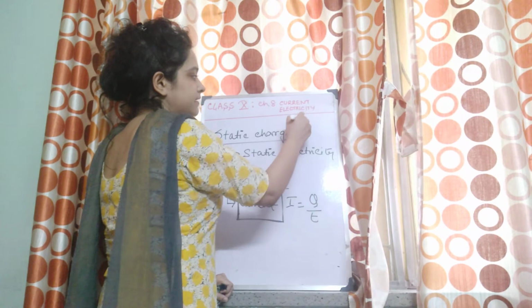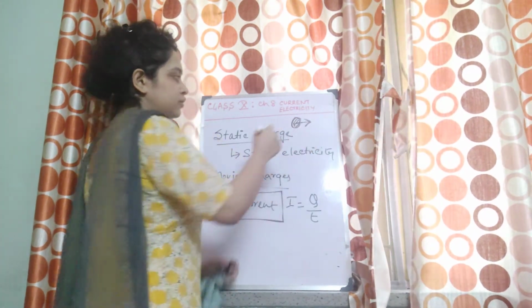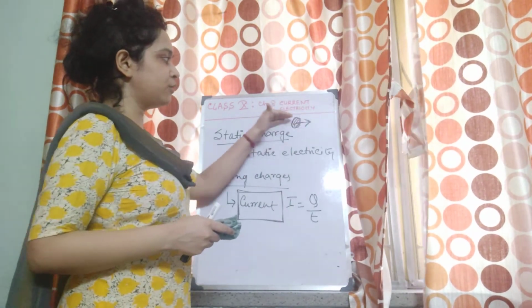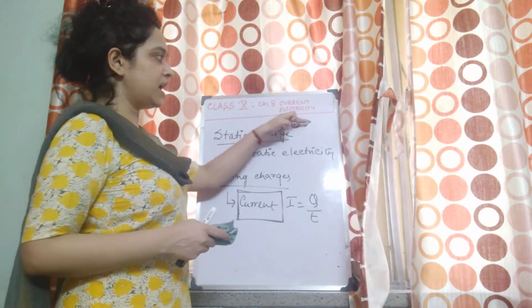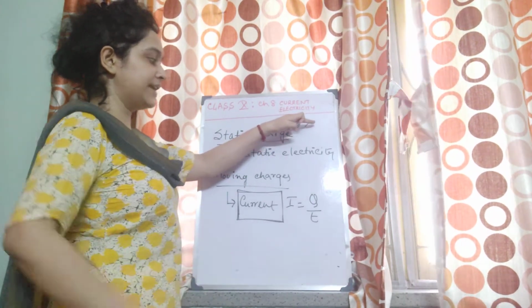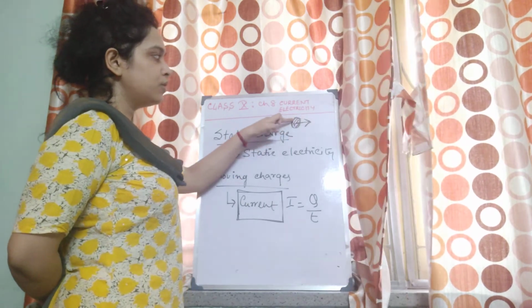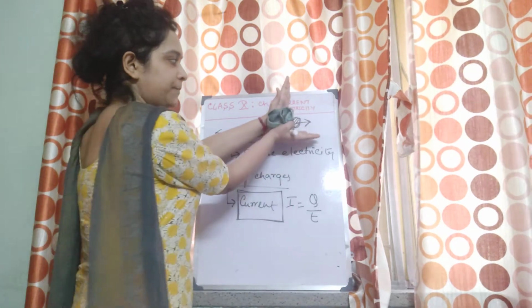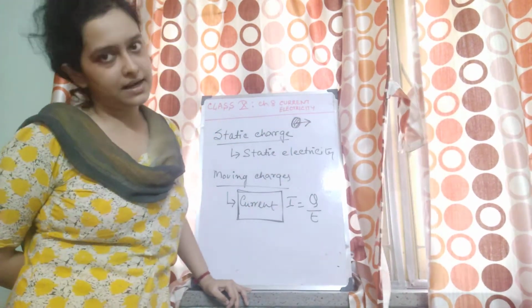Charges flowing through a cross section normal to the direction of motion of the charges, say the charges are flowing in this direction. The rate of flow of charge through a cross section normal, meaning perpendicular to the direction of motion, is nothing but the current.